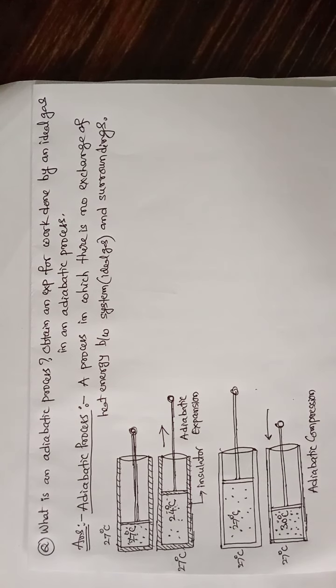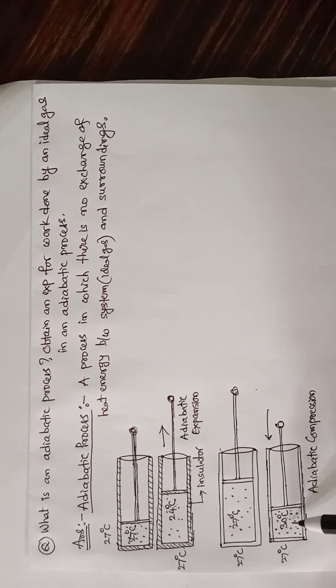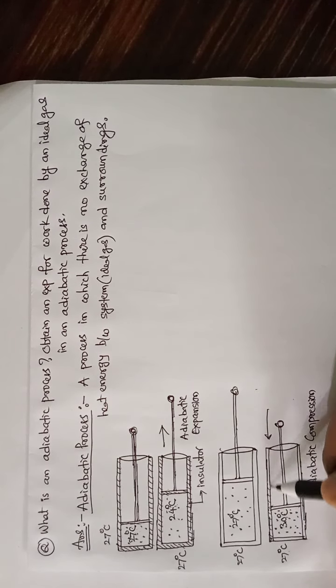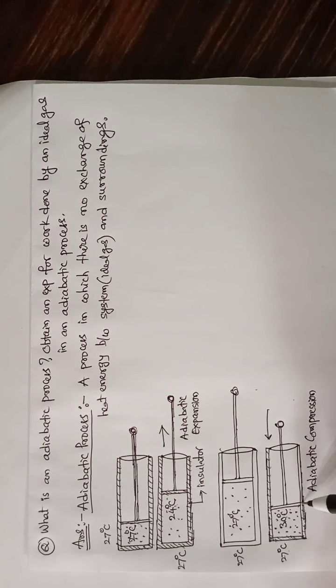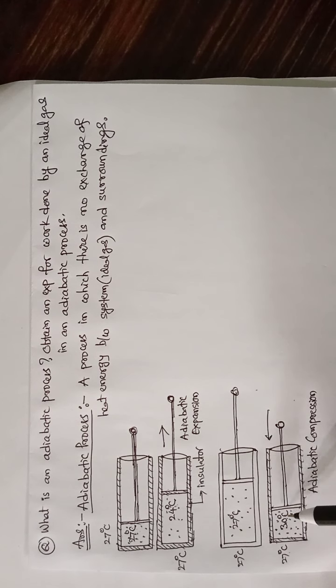Now heat energy tries to flow from higher temperature region to lower temperature region, but here the cylinder wall is insulated. It is insulated so that heat energy cannot move from system to surroundings.